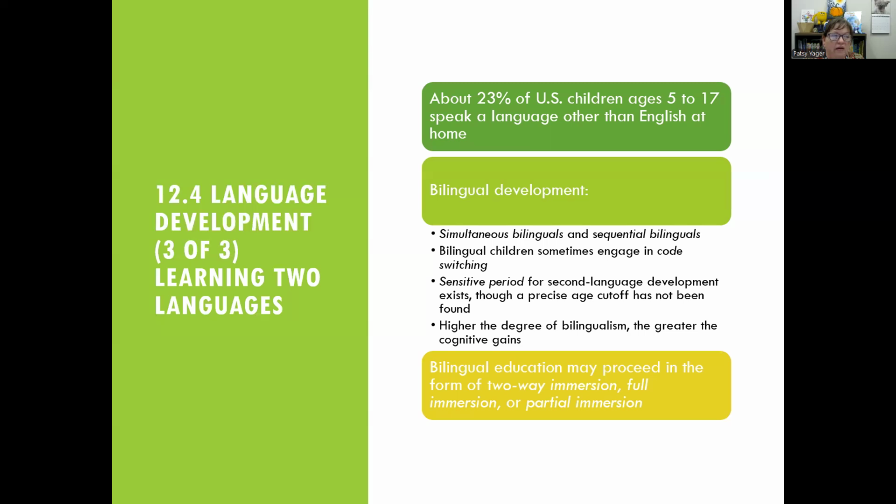We don't know the exact age cutoff, but we do know the younger we learn a second language, the more proficient we'll become, the more successful we'll be at speaking it clearly and appropriately. Bilingual education may proceed in the form of two-way immersion, full immersion or partial immersion.